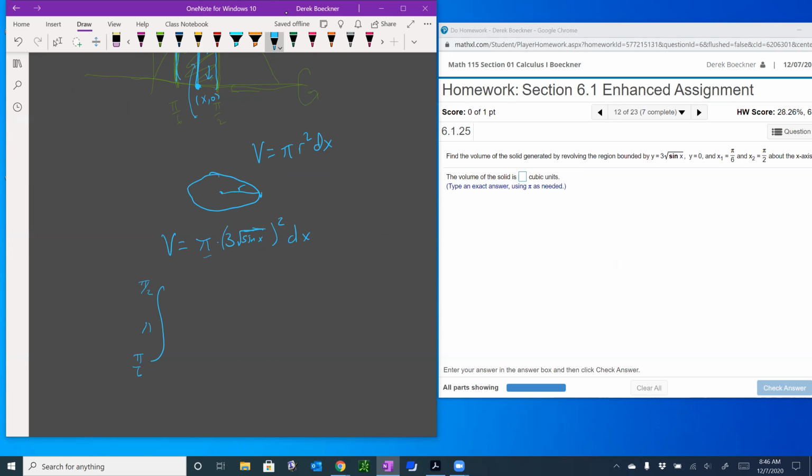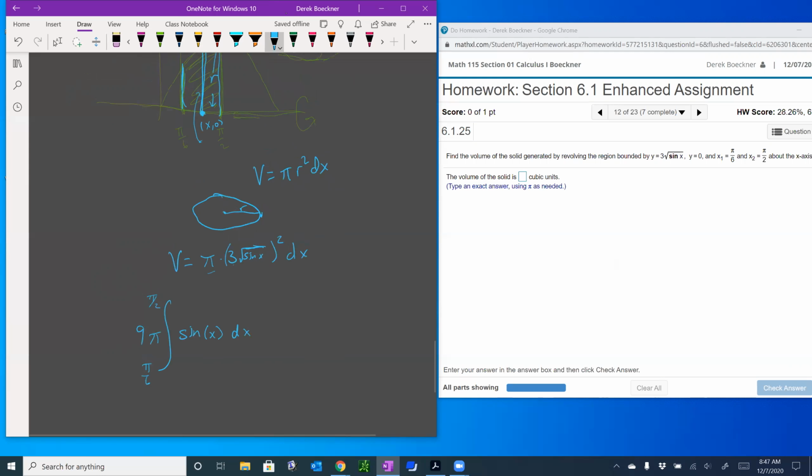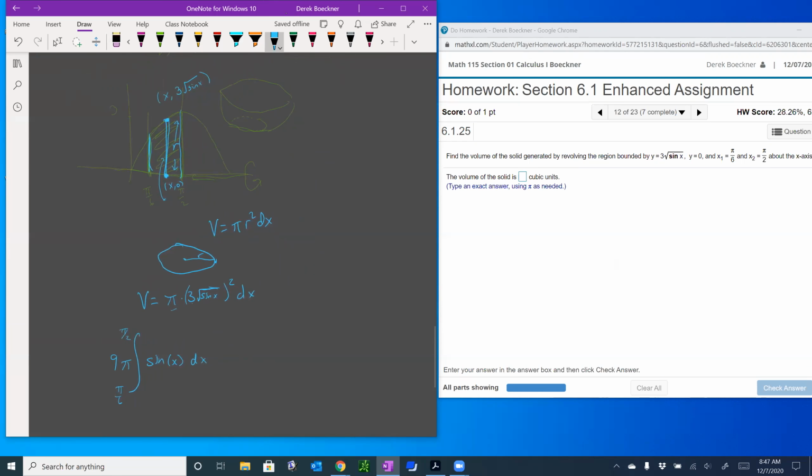Of the pi, which I'm going to pull outside the integral. I will have a 9, which I'm also going to pull outside the integral, and then I'm going to have just sine of x inside after we square it, right? Are we good with the setup to get that integral? Yep.